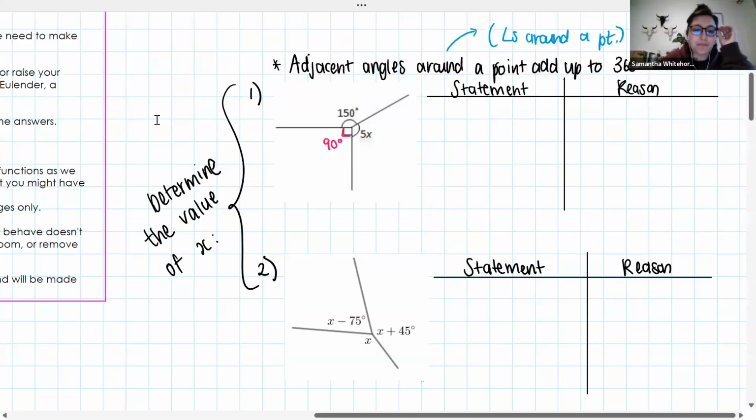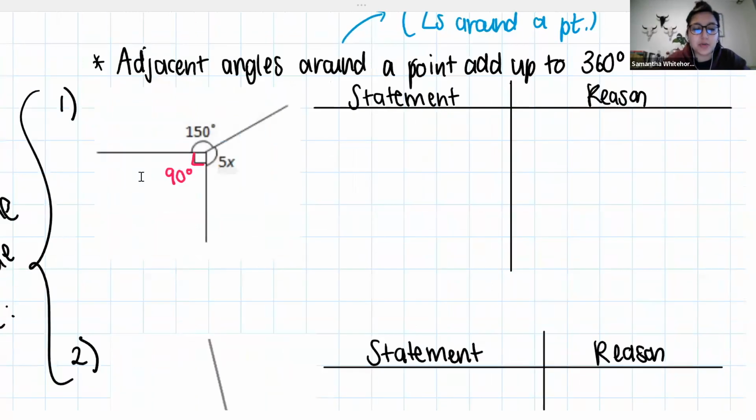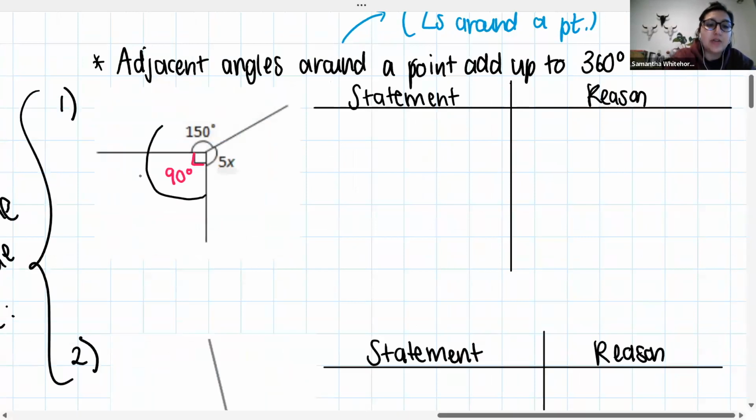Okay, guys, let's have a look, because obviously we want to learn some fun, new, exciting reasons. If we have a look at our first question, I'll make it smaller just now for you to take screenshots. What we see is that we have 90, we have 150, and we've got 5x. If we add all three of them together, we get essentially a revolution.